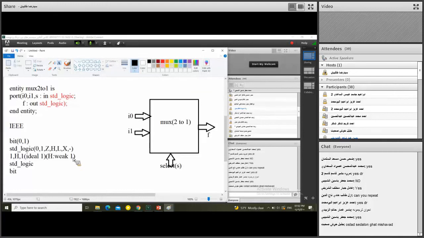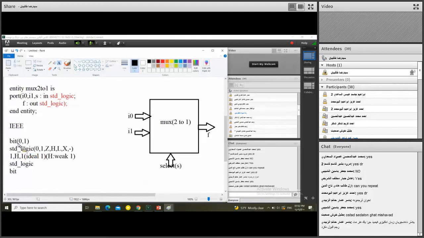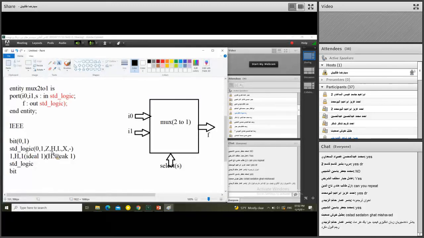Okay. Then, as you can see, bit has two values only, 0 and 1. But standard logic has different values, 0, 1, high impedance, and etc. These different values are good for simulation.